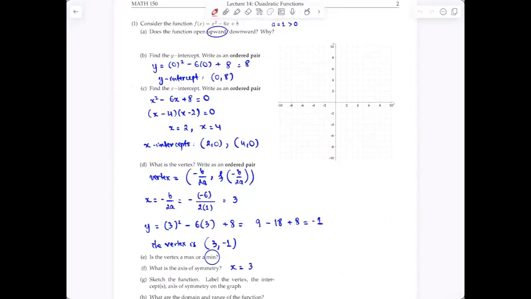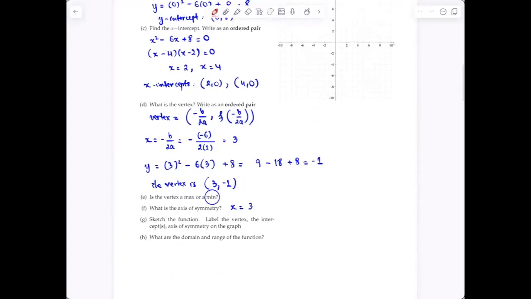We found the y-intercept, the x-intercepts, and the vertex, and we determined that the vertex is a minimum, again because the parabola opens upward. The axis of symmetry is x equal to 3, the vertical line that goes through the vertex.